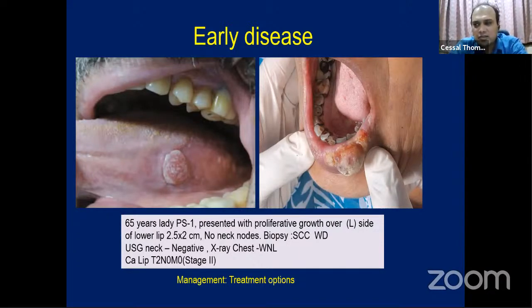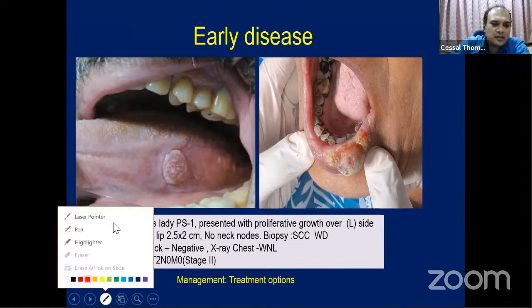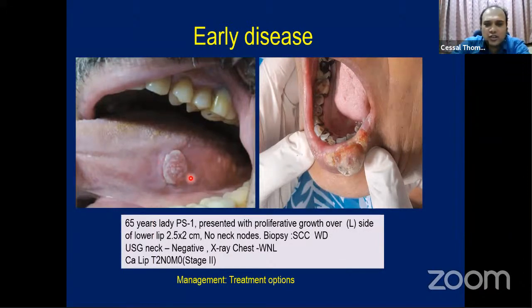As there is a stage migration from early to advanced disease, the patient will have a poor outcome. An early disease is, for example, a T1 tongue tumor in the anterior 2/3 of the tongue, or a lip lesion. T1 and T2 are considered early disease.